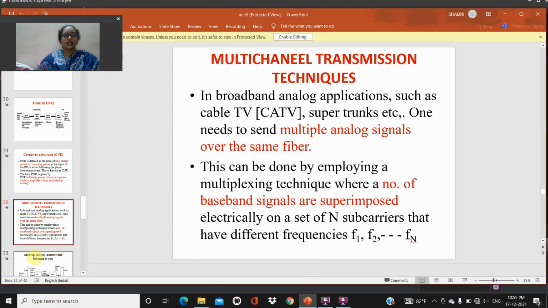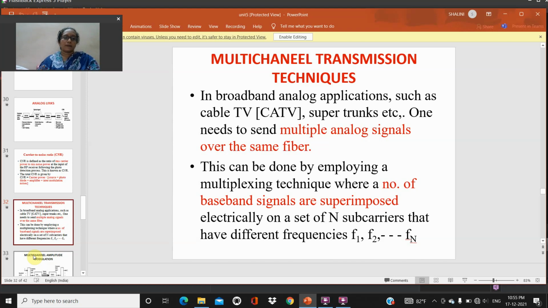Multi-channel transmission techniques. What are the multi-channel transmission techniques we are discussing here? CATV, that is cable TV. In broadband analog applications such as cable TV, super trunks, etc., one needs to send multiple analog signals over the same fiber.